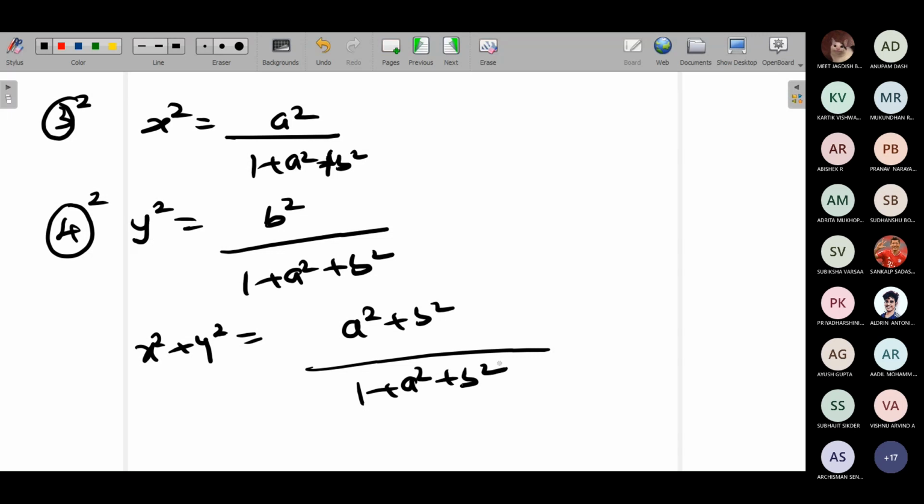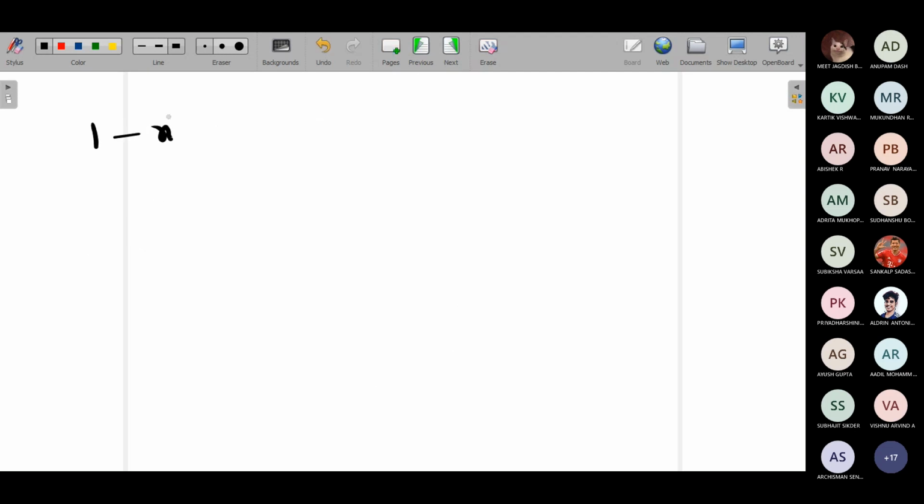Now what I want is the value of 1 plus a square plus b square. So to find it, I'll subtract this as 1 minus x square plus y square.